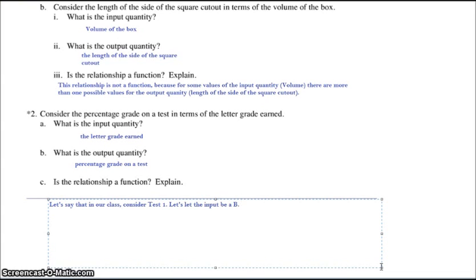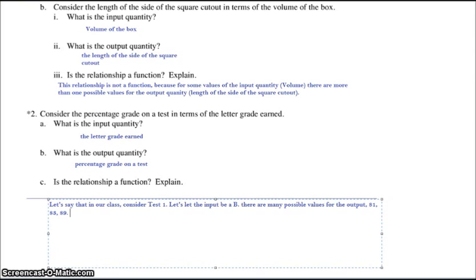So which would be the output quantity? Is there a particular output quantity I can assign? Does B determine what my output quantity is going to be? The answer is no. There are many possible values for the output. Somebody made an 81 on the test, another student made an 83, somebody made an 89.